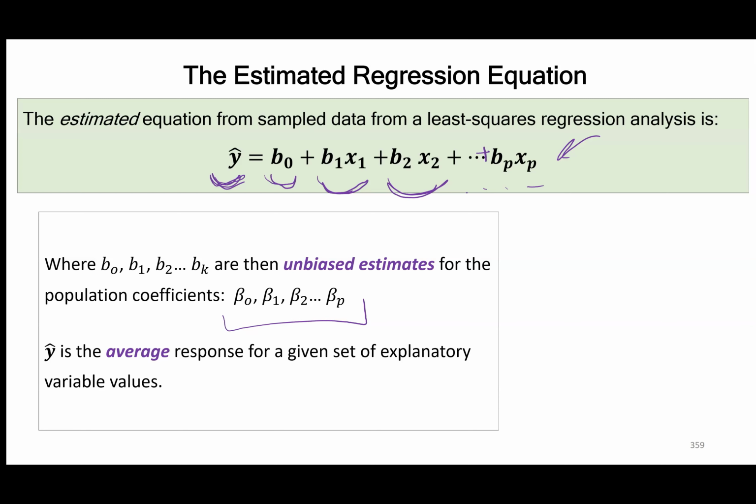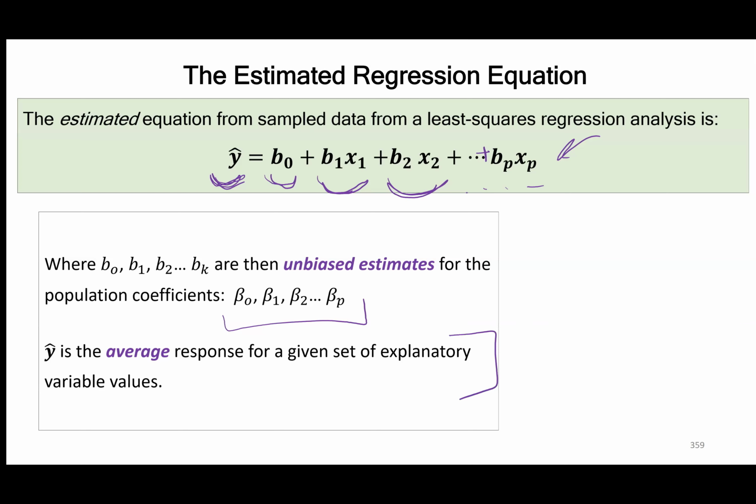This would be the y-intercept of the population line. This would be the slope that goes with this coefficient of the population line, and so on. And what's really great is B0, B1, B2, all of those, they're unbiased. So that means on average, they're accurate estimates for beta 0, beta 1, beta 2.